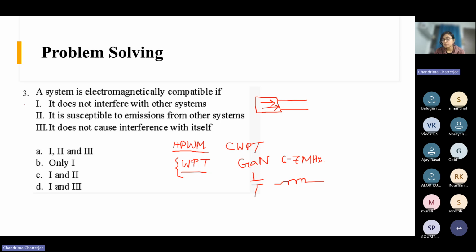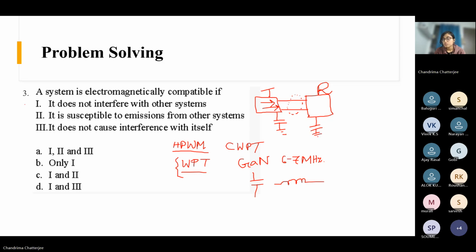Then there is a coupling path and there is a receptor, which is getting affected due to those emissions. In most cases, if we talk about conducted emissions, the parasitics come into play, like a parasitic capacitance to the ground.